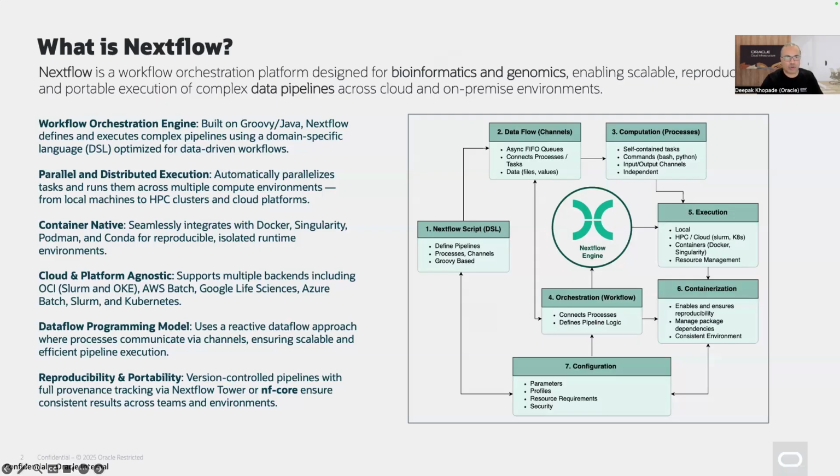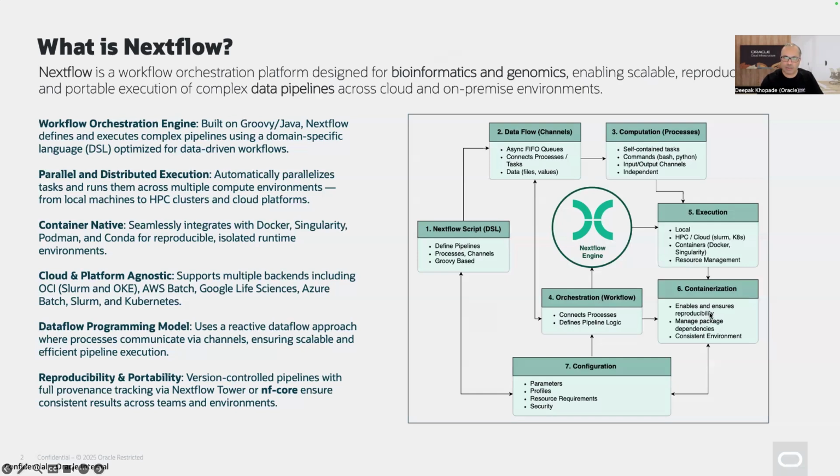And again, I'm not going to go too detailed into this diagram, but the whole idea of Nextflow is it's an orchestration engine for data pipelines. It's cloud agnostic. It uses containers so that it can become very portable and flexible. If you look at all these boxes, it starts with simple Nextflow pipeline scripts, and then you feed in the data samples, values, and then that computation is getting scheduled and executed on the high performance computing, either using CPUs or GPUs.